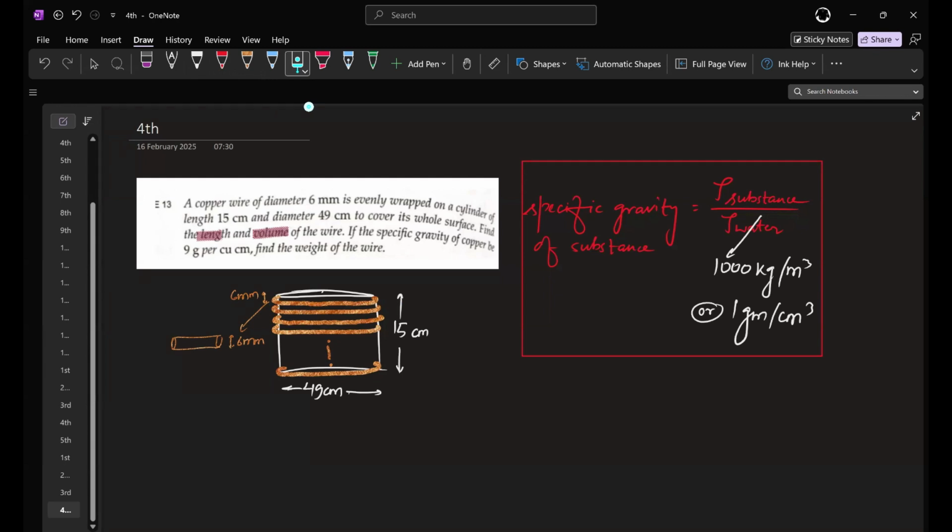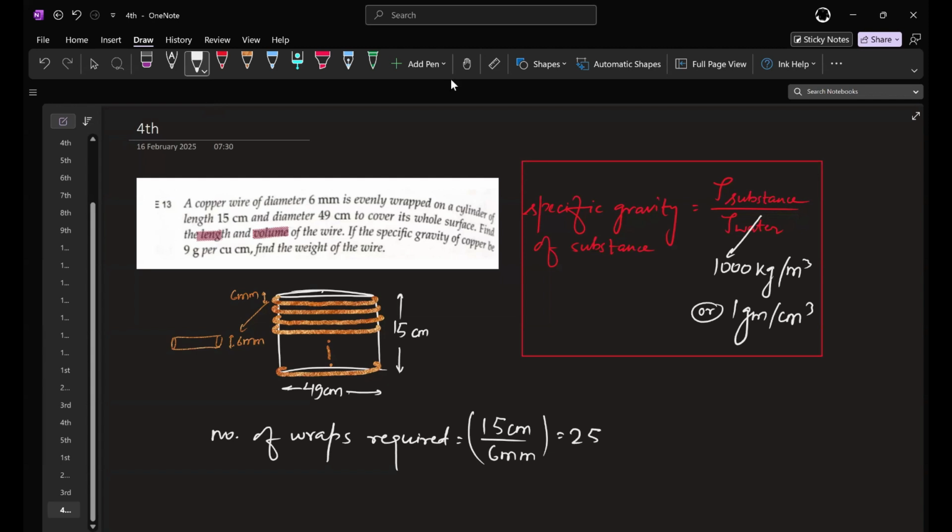It means every one wrap contributes 6 millimeters in height, and all these 6 millimeters combine together to cover the whole height of 15 centimeters. So the number of wraps required is 15 centimeters upon 6 millimeters. Am I right? It means a total of 25 wraps would be required.